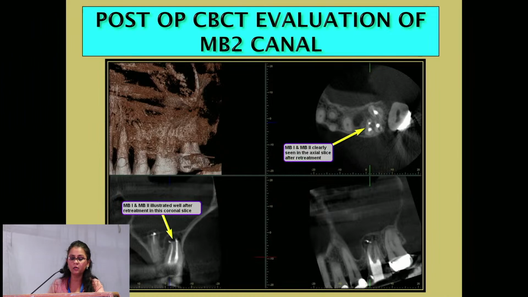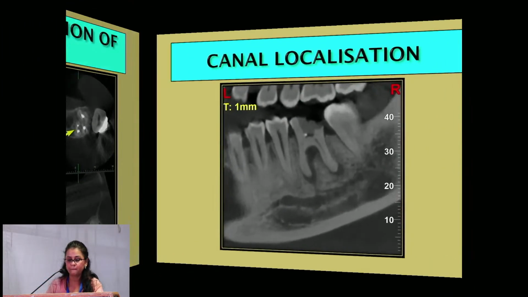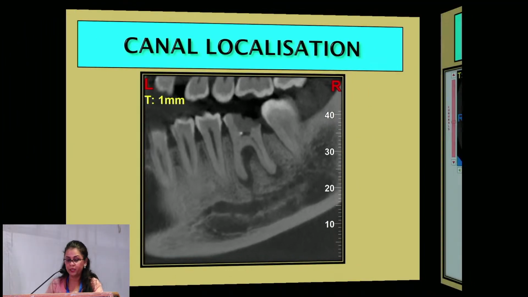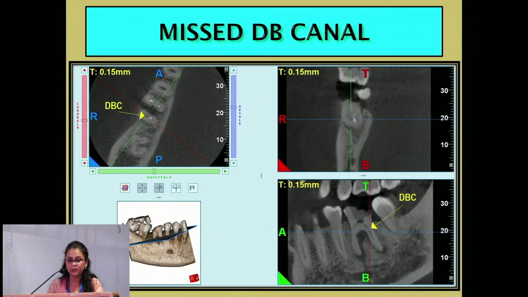A CBCT scan is generally used whenever there is a failure in endodontics, where you are not able to locate the canals, and the patient comes with severe pain after RCT treatment. So canal localization has to be done. There is a canal here. You can always see the canal.